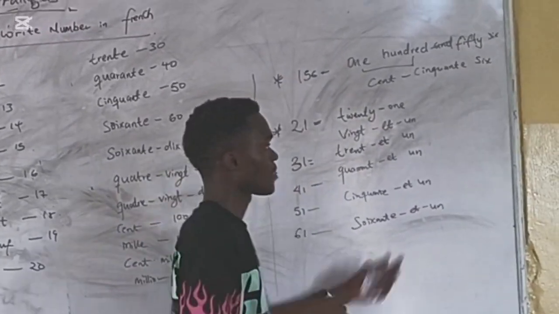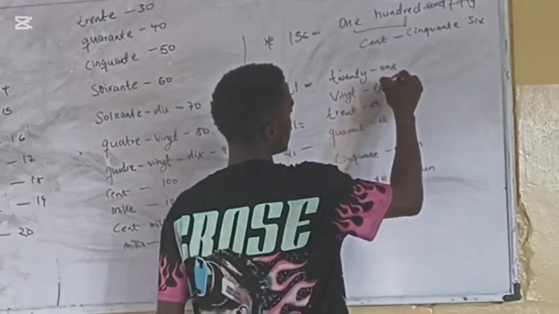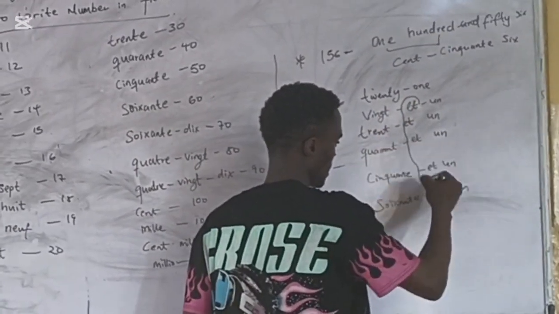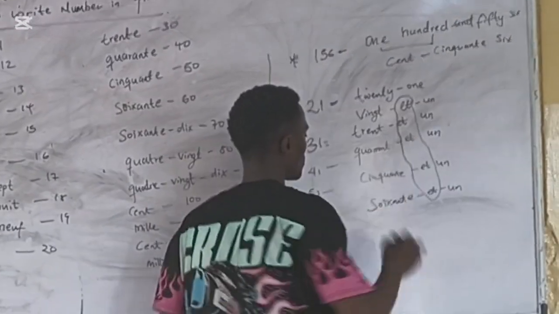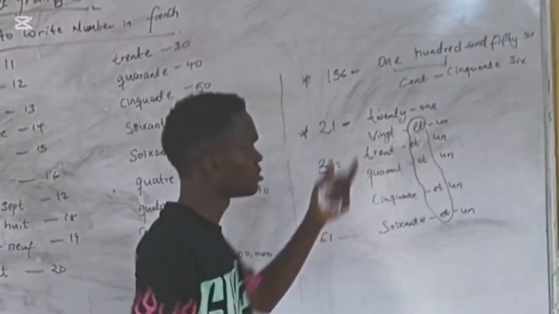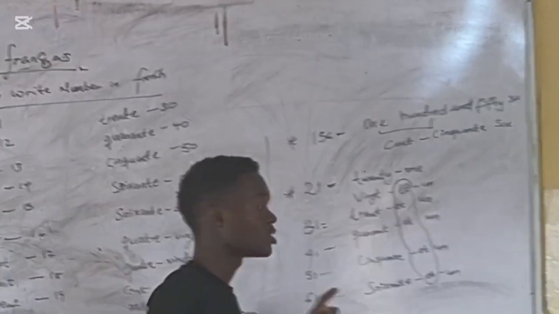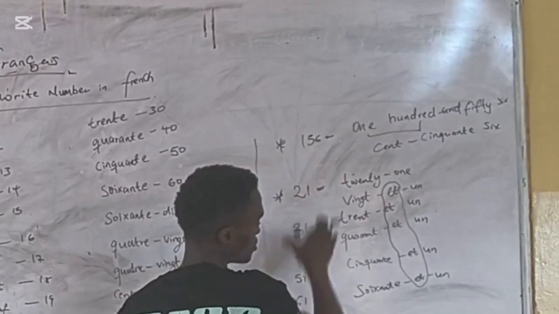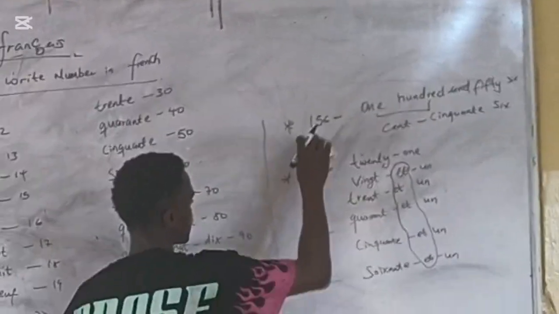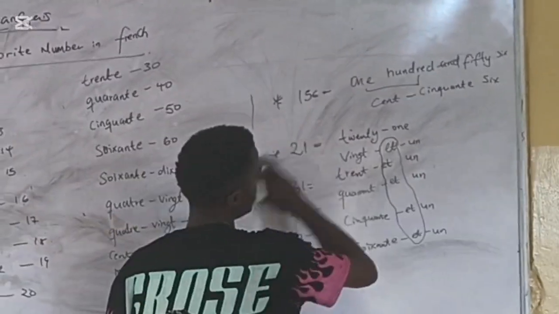So the trick that follows is that the et goes like this. It's only applicable for 21, 31, 41, 51, and 61. So that's the only trick that follows for these numbers. Okay, that aside, I'm going to clean the board.